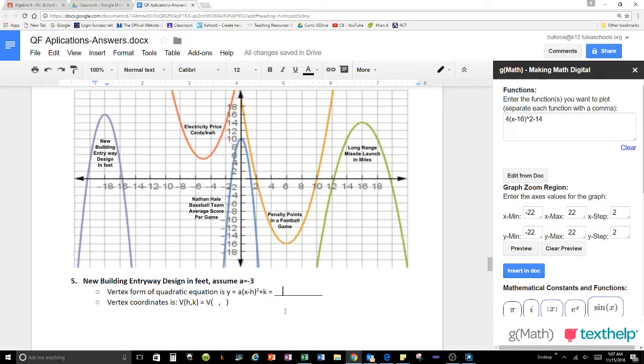A is equal to minus 3 here, so that's a minus 3. Okay, x minus, and we have to put this in parentheses because h is equal to minus 18. Then we do a control period, 2, control period, and then this is plus 16. K is plus 16.